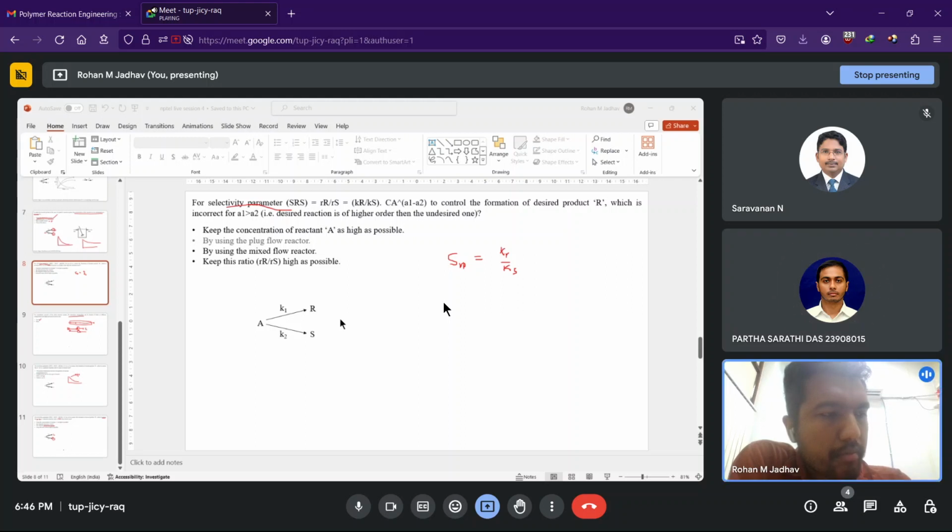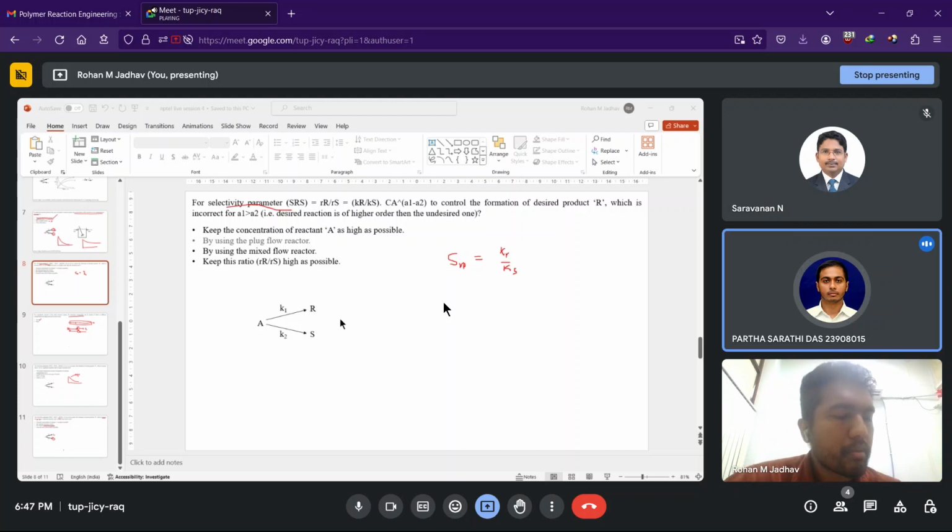After that, it comes as CT equals P by ZRT. So this equation, how it has come from FT by nu, that one I could not understand.